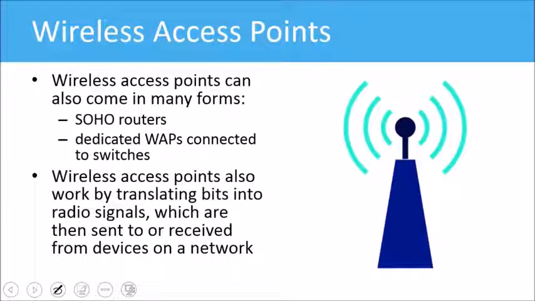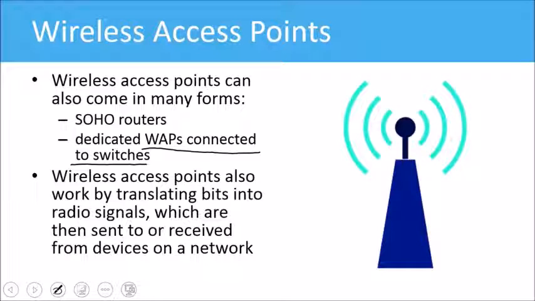Wireless access points can come in many forms as well. Oftentimes they're located in our home routers, our SOHO routers, at our home office or small office. And wireless access points, like I had mentioned previously, I hate to hammer this down, but they're connected to switches. Right, and we do have dedicated ones that are specifically for the purpose of sending and receiving data in large organizations.